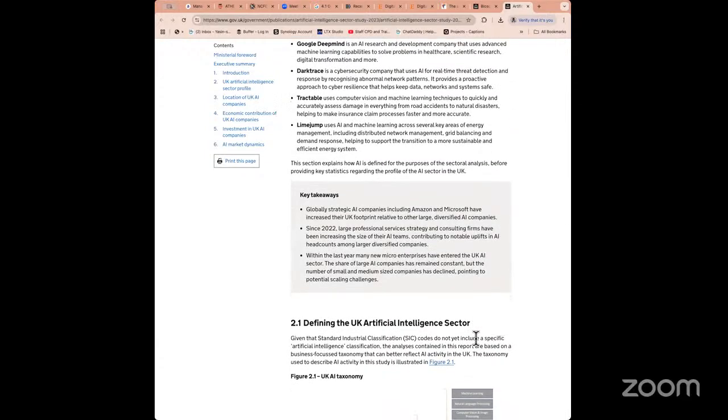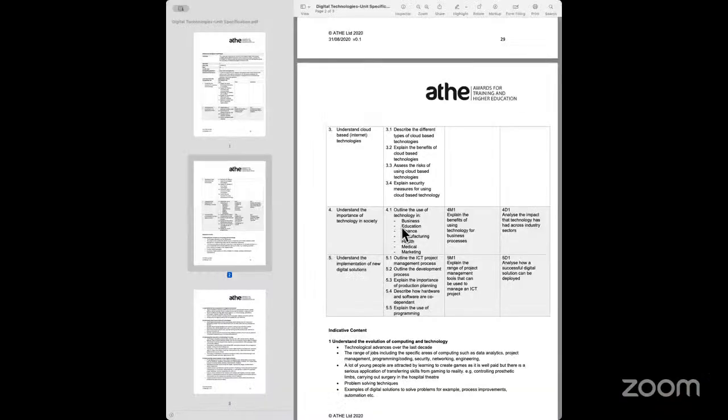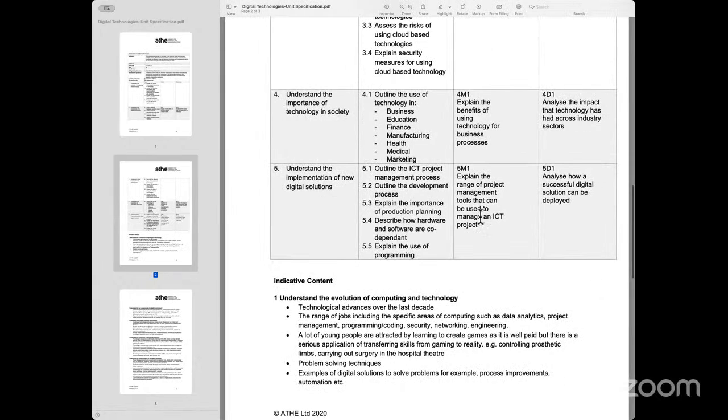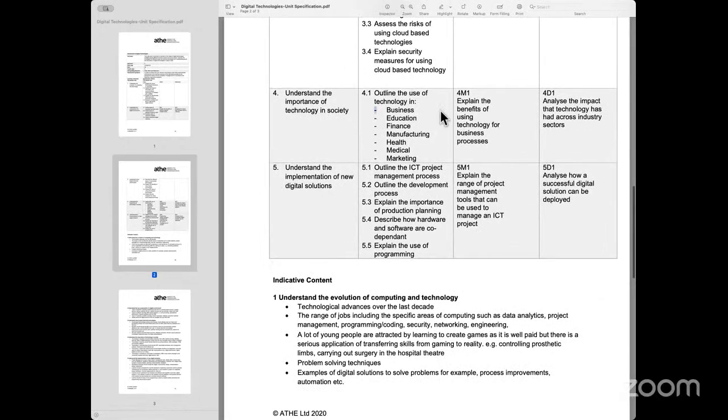So again, each of these is about a 10 to 15-minute read, but they will directly relate to assessment criteria 4.1, because when you do your assignment, it'll be required that you look at usage of technology specifically, and that usage of technology is going to be sector specific. For example, business, education, finance, manufacturing, health, medicine, and marketing.